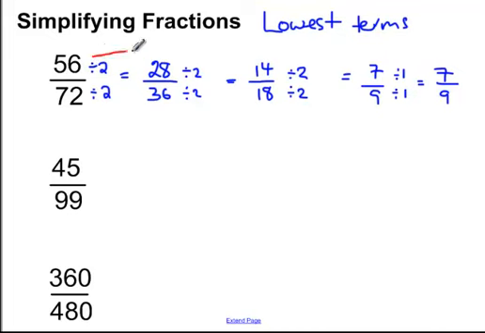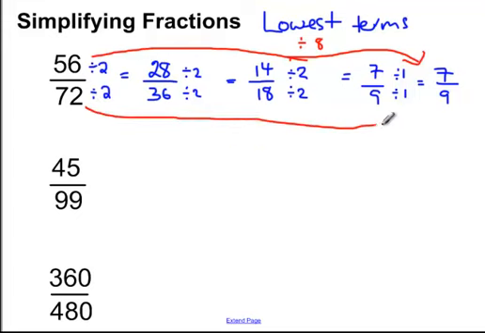So if I immediately divided 56 by 8, I would get 7, and if I divided the denominator by 8, I would get 9. So right away I could have got to my answer, 7 over 9. But it doesn't matter, whichever way works for you, you can do. So 56 over 72 is the fraction 7/9.